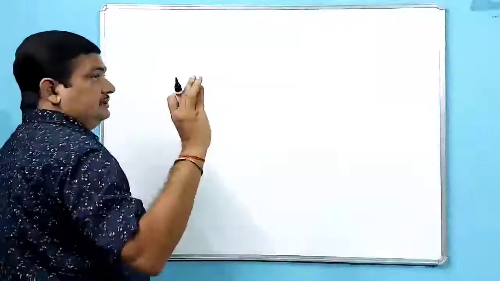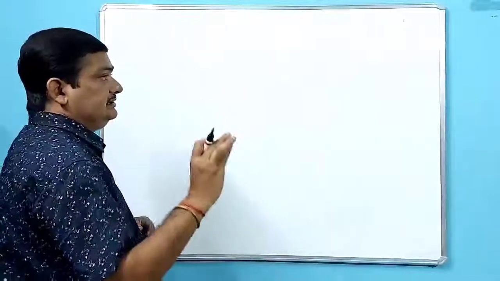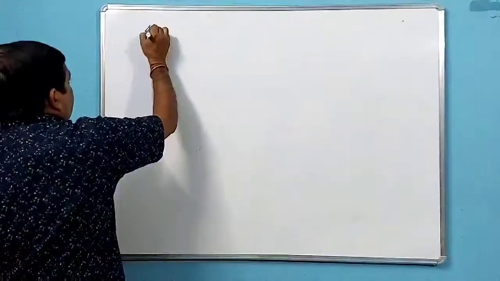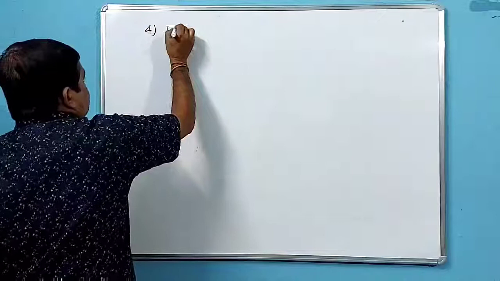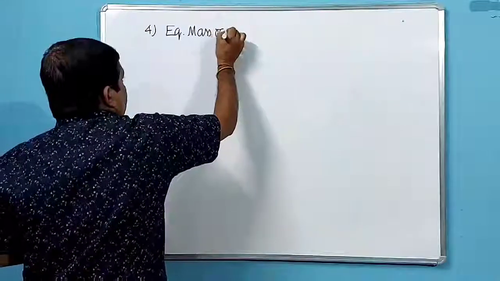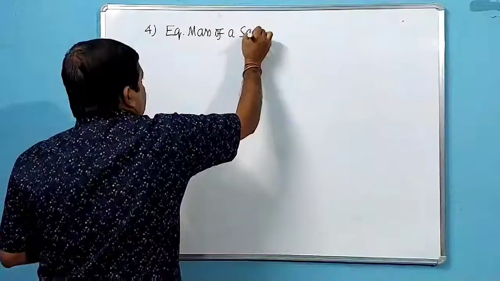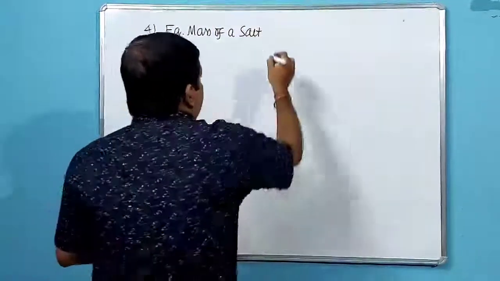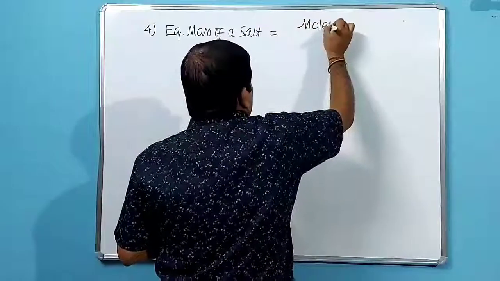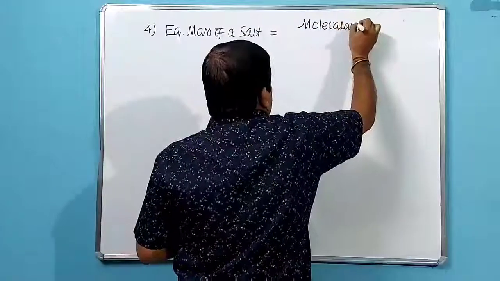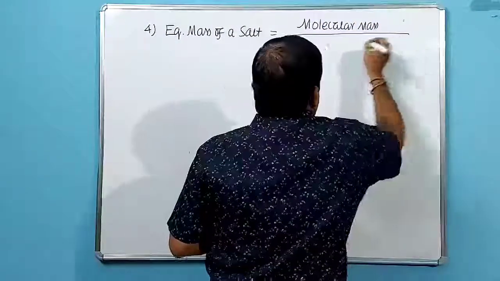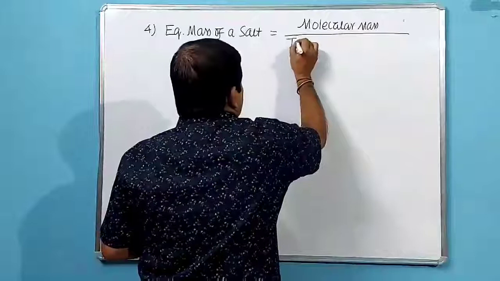So element formula number 1, acid formula number 2, base formula number 3. This is formula number 4. Equivalent mass of a salt. The formula is molecular mass divided by total valency.